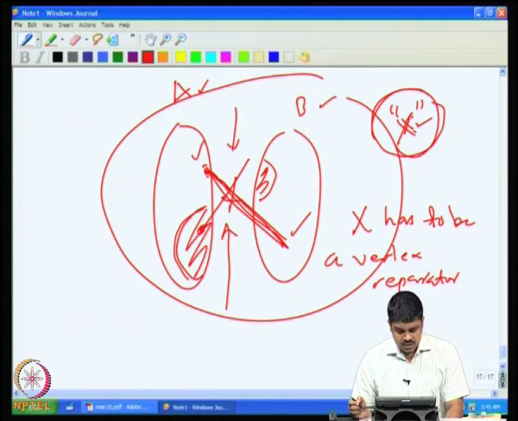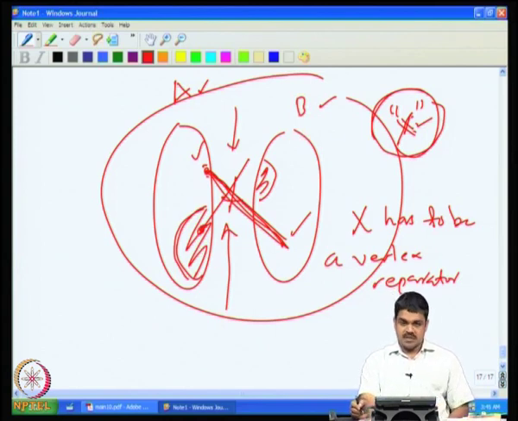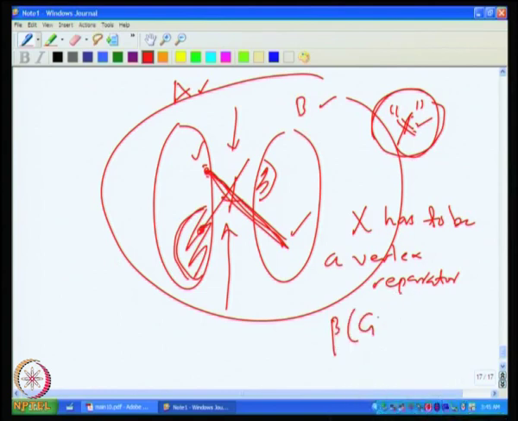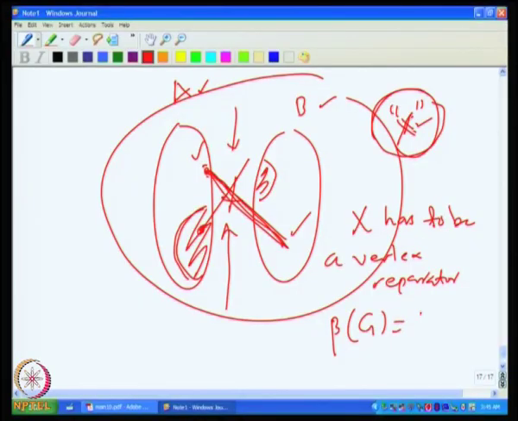In other words, the minimum cardinality of the sets X that separate A from B is essentially the cardinality of the minimum vertex cover, beta of G. So if we manage to prove Menger's theorem, that the maximum number of disjoint AB paths is equal to the minimum possible cardinality of a set X that can separate A from B, it is equivalent to proving, in this case at least, that alpha dash of G is equal to beta dash of G in the bipartite case, when we take A and B to be the two sides of the bipartite graph.